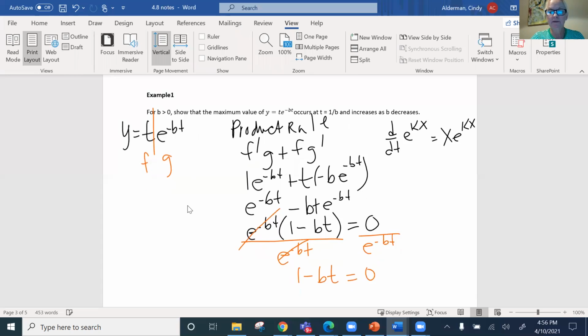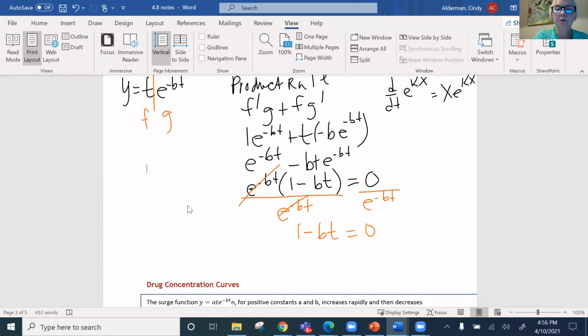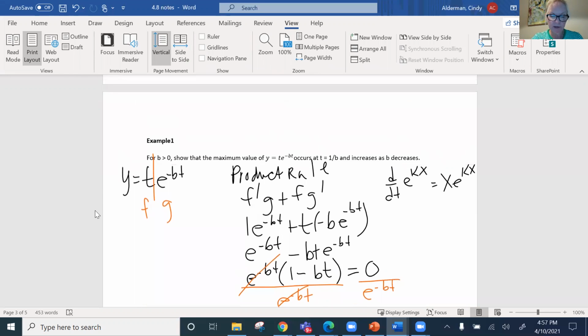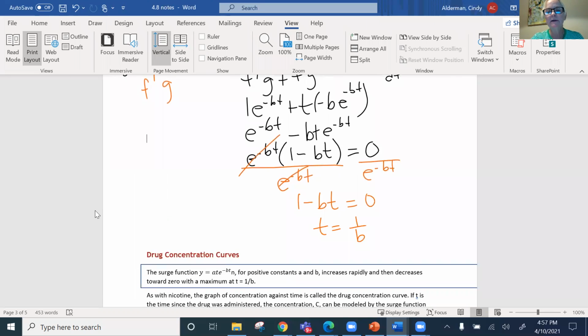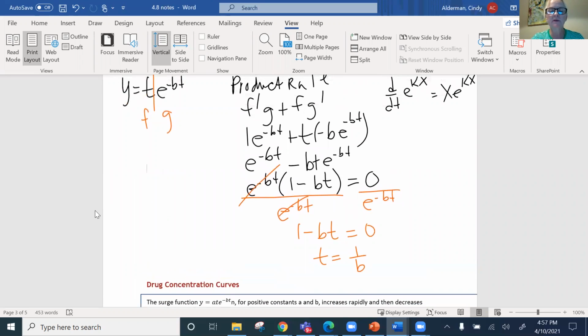So if you solve that for t, you will get t is equal to 1 over b. So what we just did is we showed that the maximum value of y equals t e to the negative bt does occur at t is equal to 1 over b, because that's how you find the maximum. You set the derivative equal to 0 and solve for the variable.